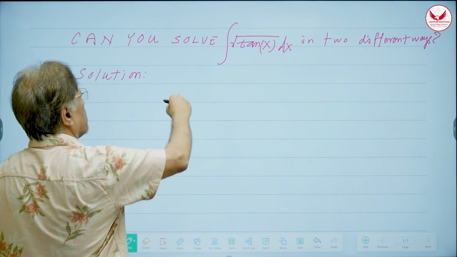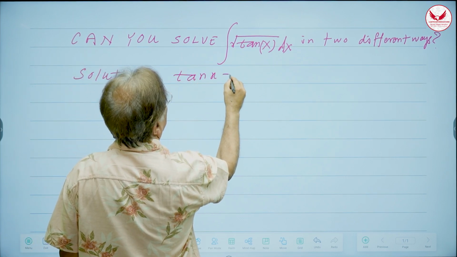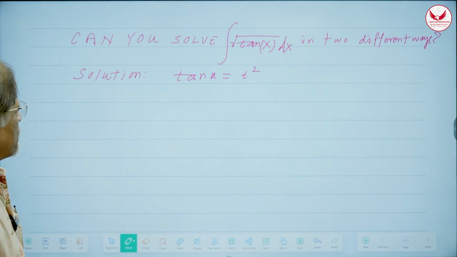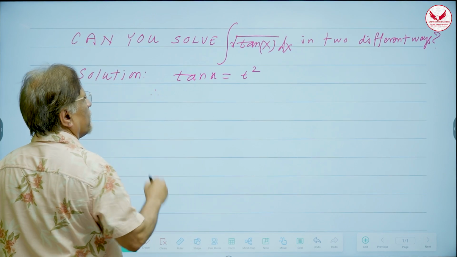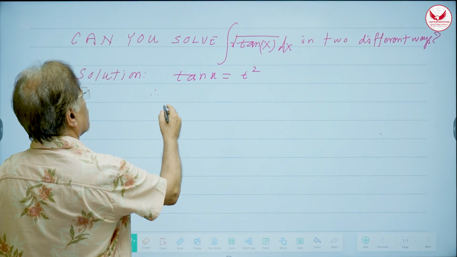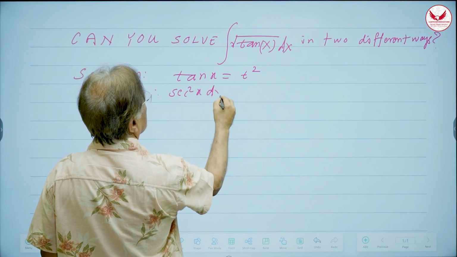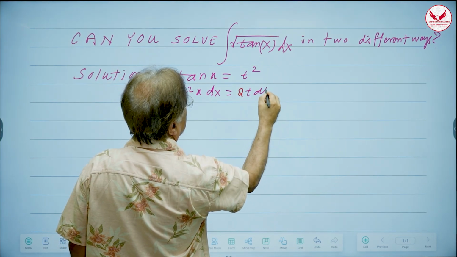In the standard method, we use a substitution, tan x is equal to t square. This is a standard substitution for this problem. And as all of you know, whenever you substitute, you have to find its derivative. So it becomes sec square x dx equals the derivative of t square, which is 2t dt.